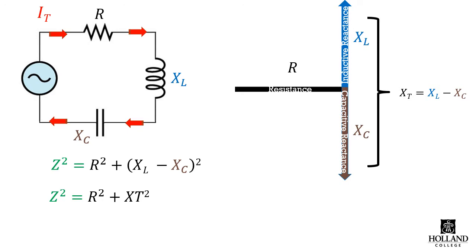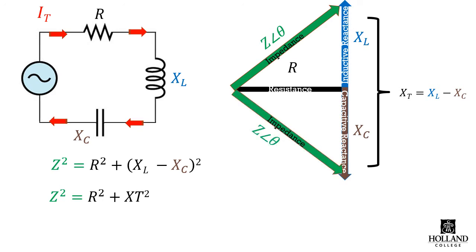Now depending on the values of our capacitance and our inductance, if our circuit works out to be more inductive, then our Z will have a positive angle. But if our circuit turns out to be more capacitive, then we'll have a negative angle on our Z impedance. The angles are impacted by whether we have more inductance or more capacitance impacting the circuit.